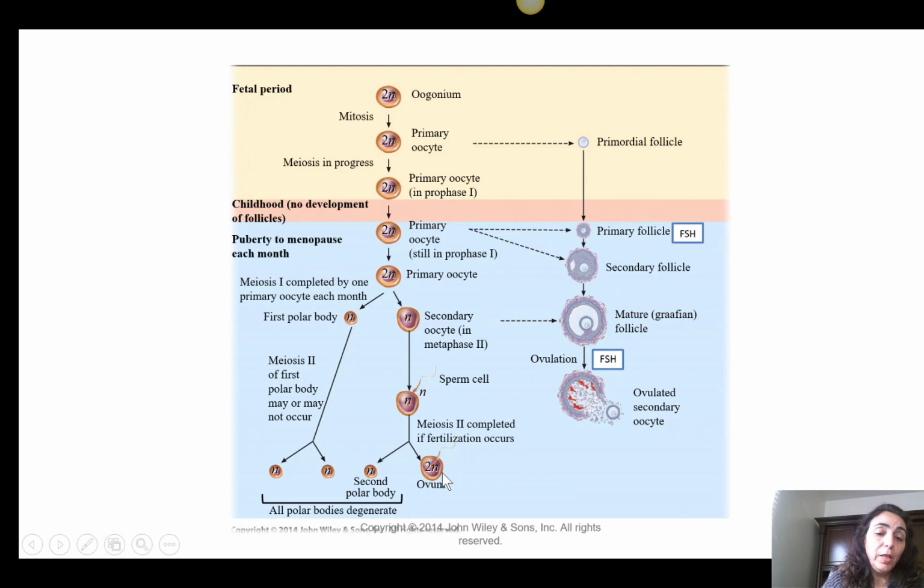So this ovum now has 23 complete chromosomes that have finished all the divisions. Now it's ready for these chromosomes to combine with the chromosomes of the sperm and make a zygote, right?